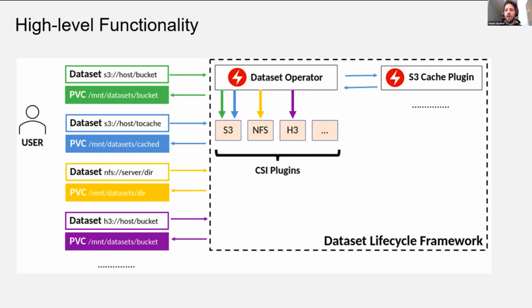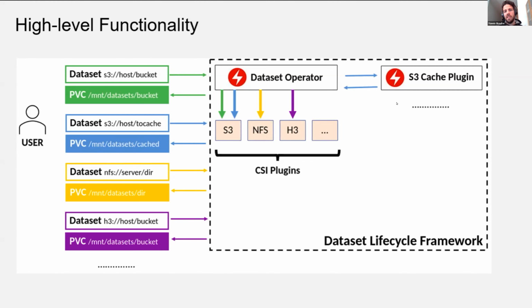So while we don't do caching ourselves, and we don't plan to provide the core caching functionality, we're looking to provide the interfaces so that existing caching solutions can be pluggable in the framework.